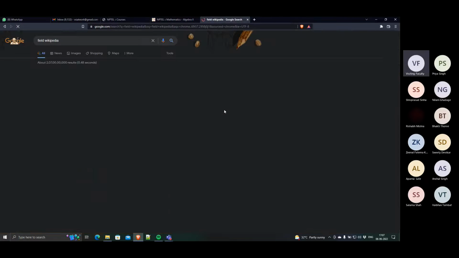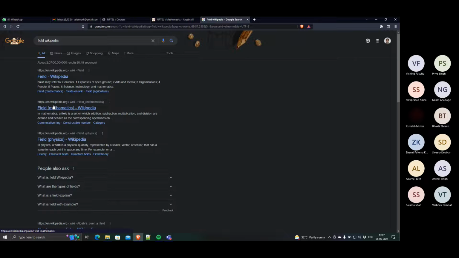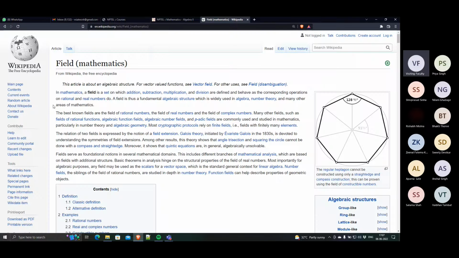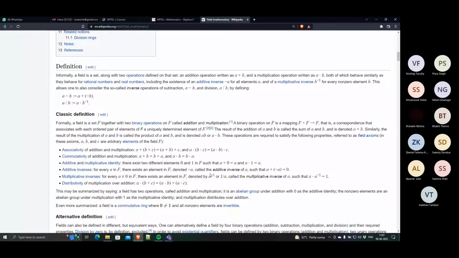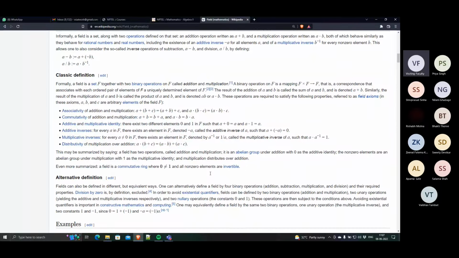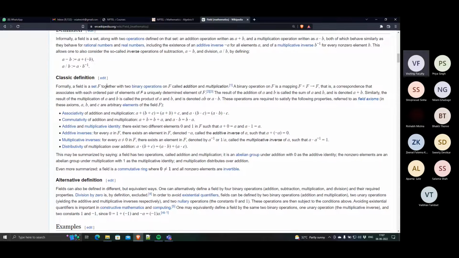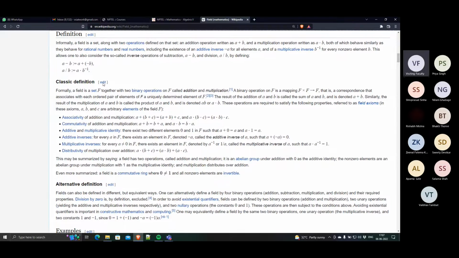Intuitively, a field is a set on which addition, subtraction, multiplication, division can be defined and behave nicely. The definition that we are interested in is this: a set with two binary operations, addition and multiplication.